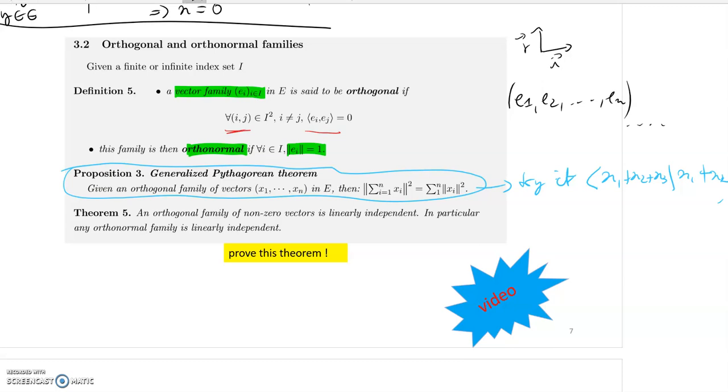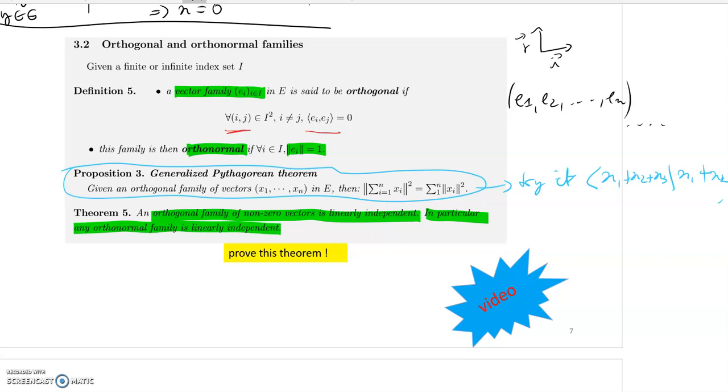All right, what comes next? An orthogonal family of non-zero vectors is linearly independent. Okay, and in particular, if it is orthonormal, then it is a linearly independent family. All right, you should pause now and try to prove that.